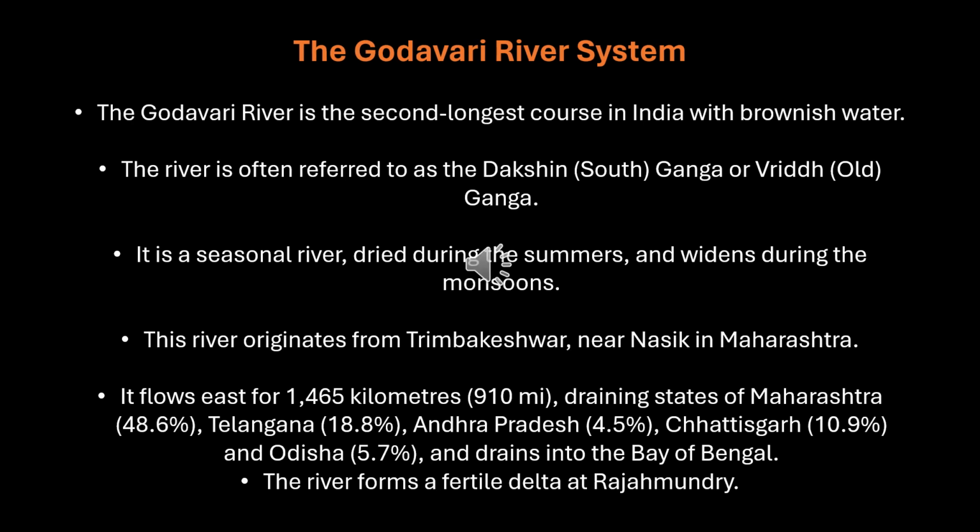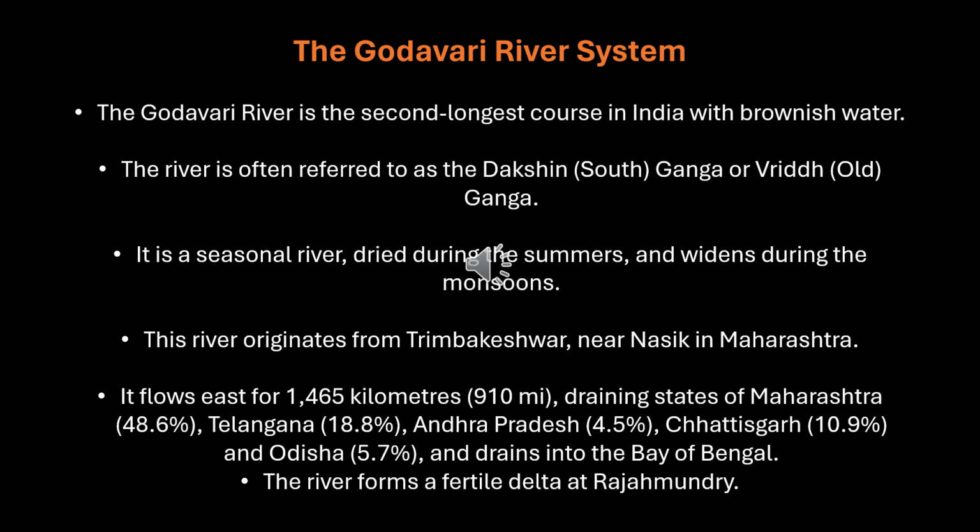The Godavari River System. The Godavari River is the second longest river in India with brownish water. The river is often referred to as the Dakshin, South, Ganga or Vriddha, Old, Ganga. It is a seasonal river, dried during the summers, and widens during the monsoons. This river originates from Trimbakeshwar, near Nasik in Maharashtra.